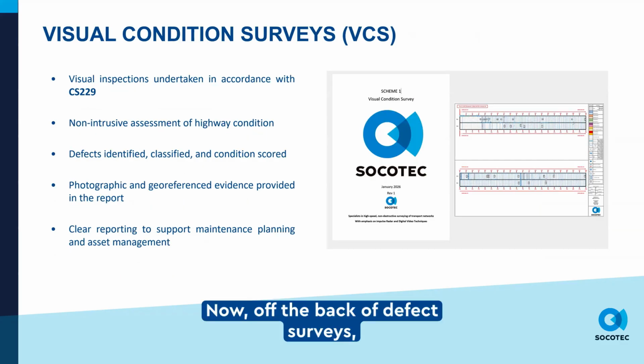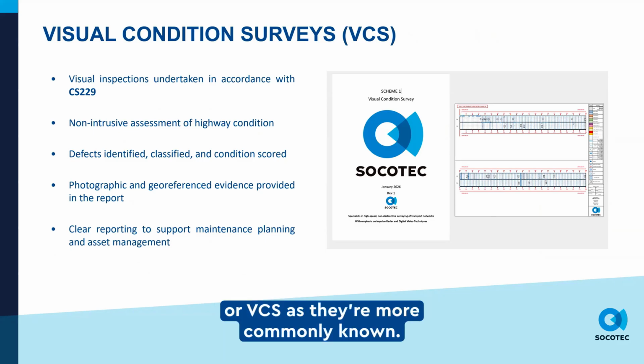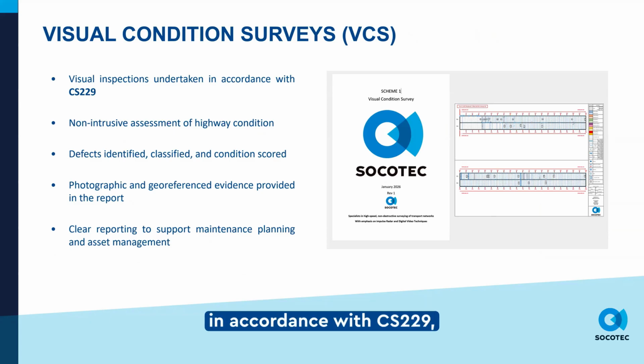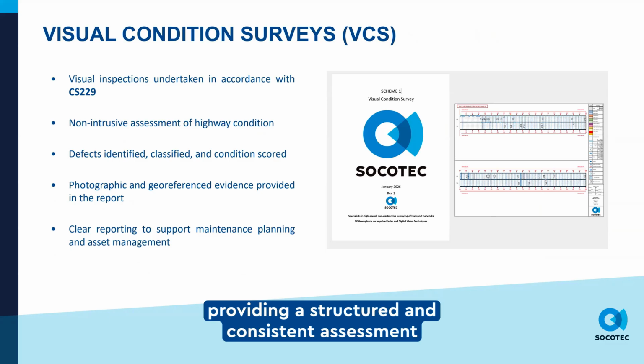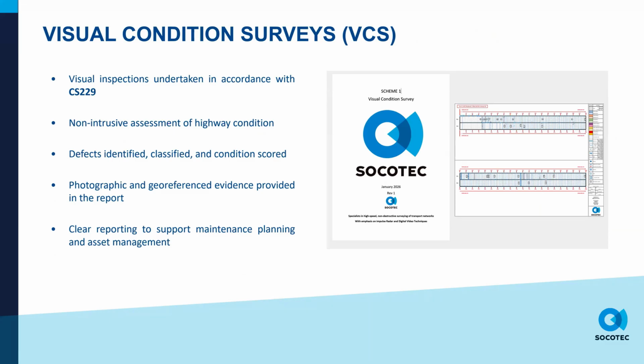Now, off the back of defect surveys, obviously comes a visual condition survey, or VCS, as they're more commonly known. These inspections are undertaken in accordance with CS229, providing a structured and consistent assessment for highway condition.